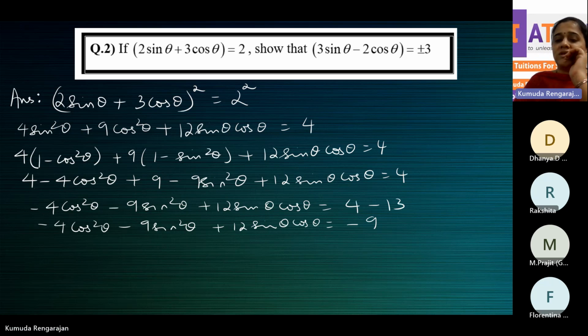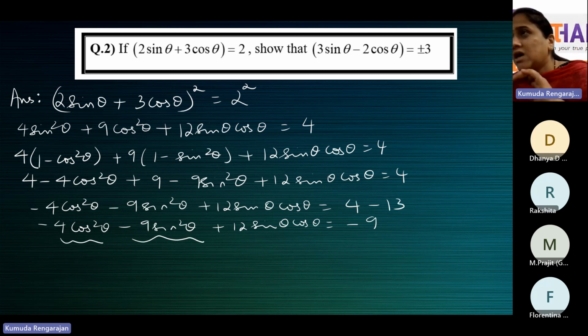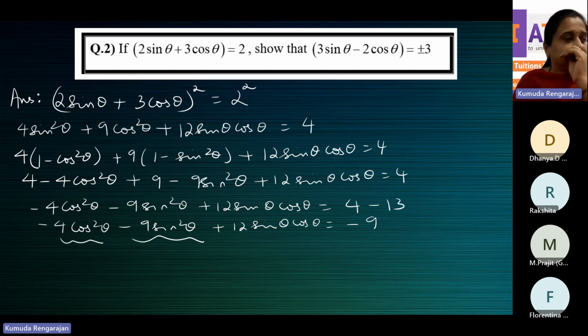Why should we change the sign on both the sides? Because see, this is a square, but it's minus 4 cos square theta. And this is b square, but it's minus 9 sine square theta. You want plus a square plus b square and maybe minus 2ab. The 2ab term can be plus or minus, but your a square and b square, you want them to be positive, right?